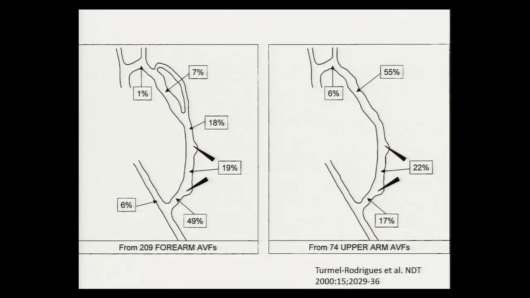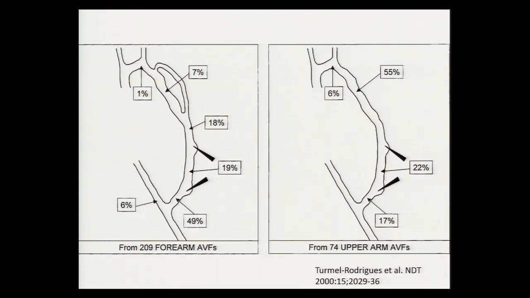In the upper arm fistulas, there's quite a bit of stenosis depending on whether it's cephalic or basilic. In cephalic veins, there's a structure called the cephalic arch. It's like a loop where the vein turns in the shoulder area. And in the basilic vein, when the vein is transposed, there's an area called the swing segment where the vein is kind of moved laterally and stretched a little bit.